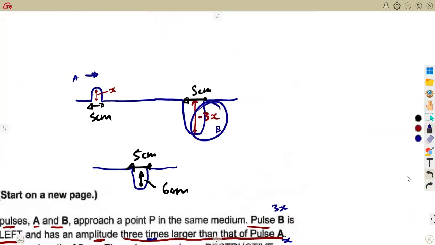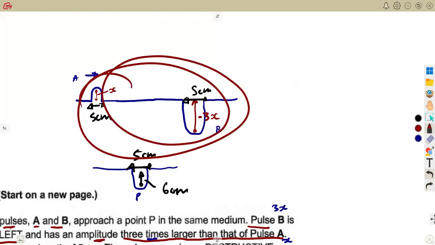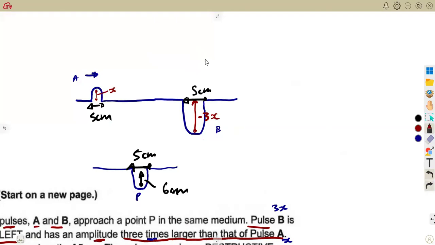Remember B at this point, we're calling it 3x from this condition. Before it reaches P, where we have a destructive interference, it now has an amplitude of 6, which is -6. So we are saying the principle of superposition allows us to add these amplitudes.